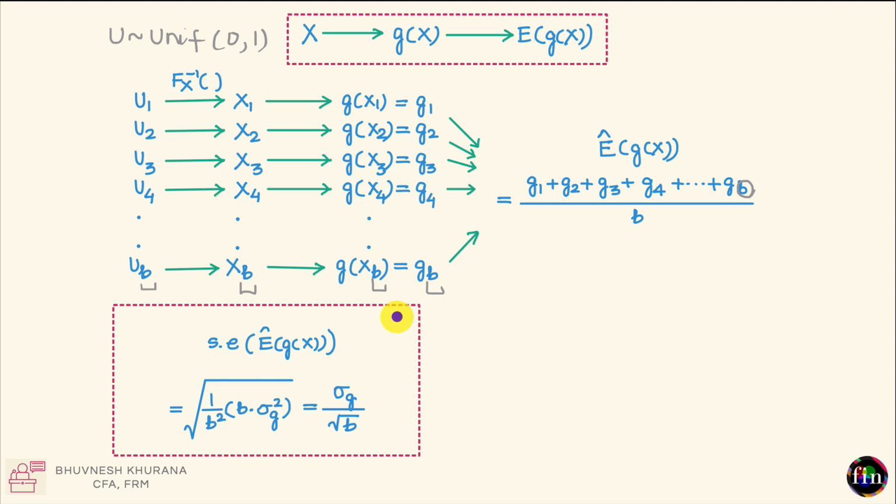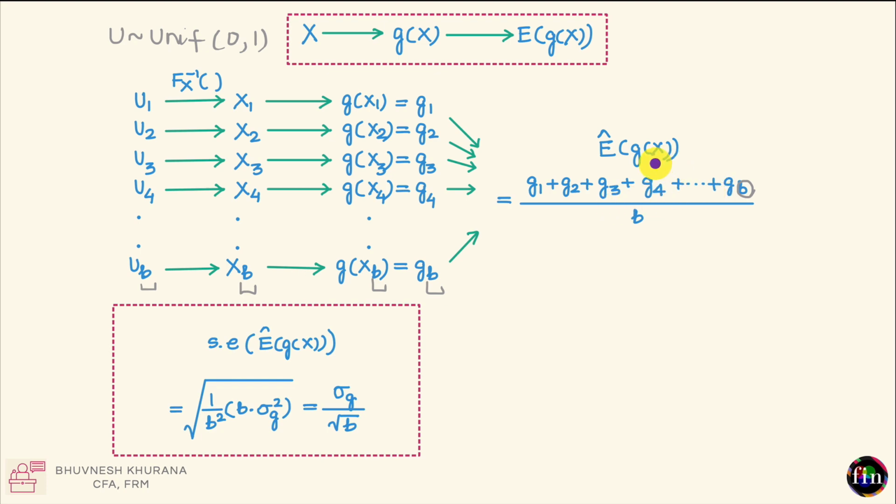Antithetic, just going by the meaning of this word, means opposite. The antithetic variates technique tries to reduce the variance of this sum of g's by introducing some kind of opposite behavior between adjoining values of g.